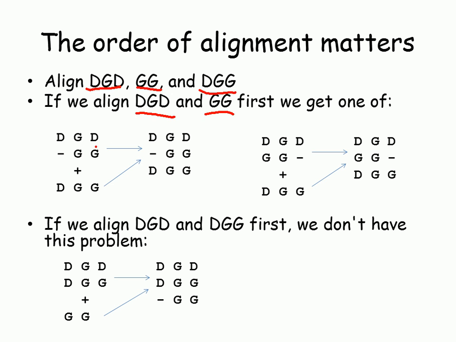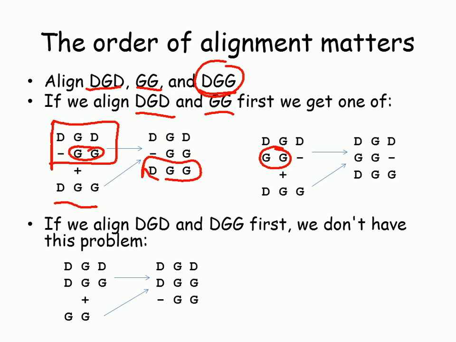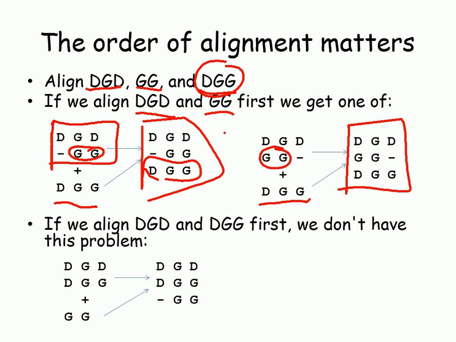We could either place GG here, or we could place GG here. And then we add the 3rd sequence, DGG. This alignment is already set in stone. We are not going to change it. The best alignment is going to be putting DGG right there. So we get this alignment, and then we add this. We get that alignment. And these 2 alignments are different.